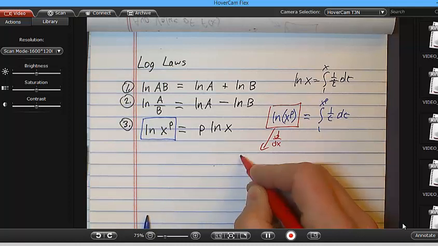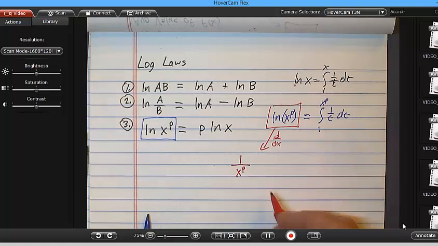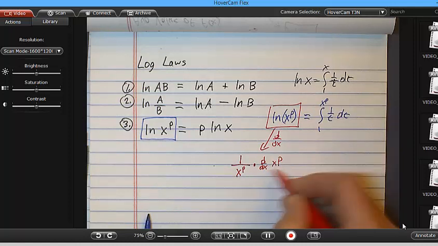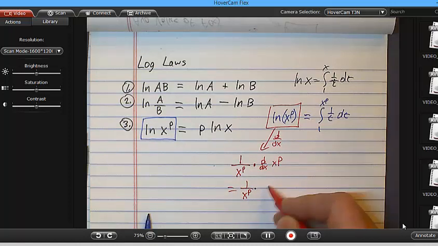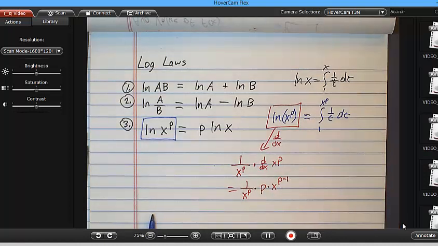So it's going to be 1 over x to the p, 1 over u, times the derivative of x to the p. So it's 1 over x to the p times p times x to the p minus 1, right? So that's that derivative.